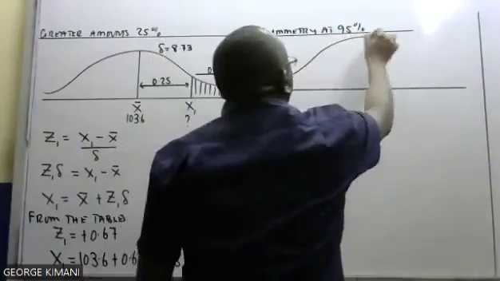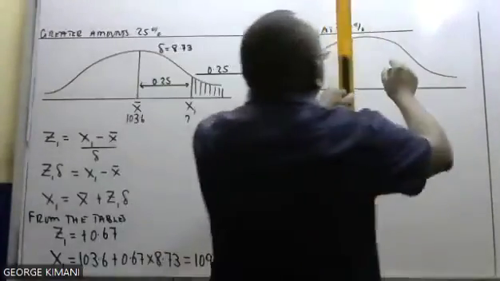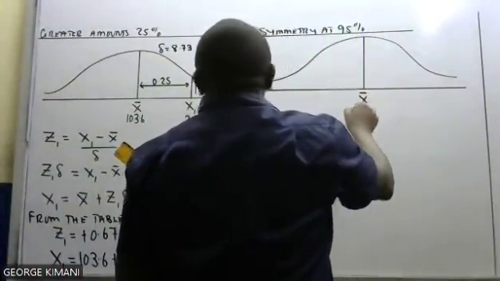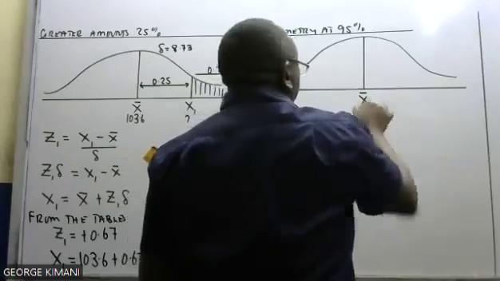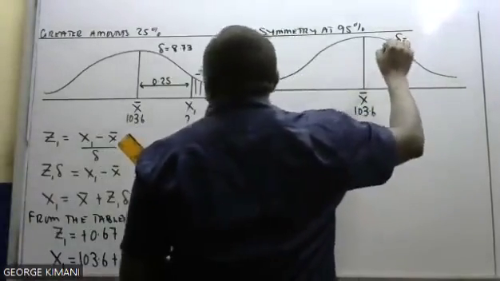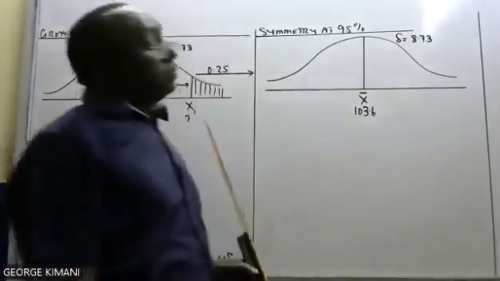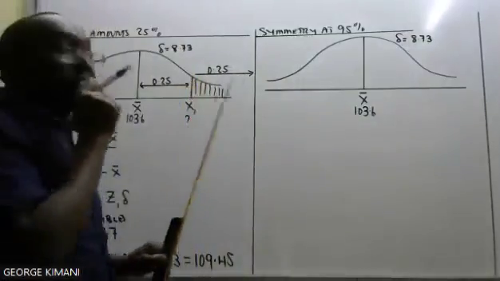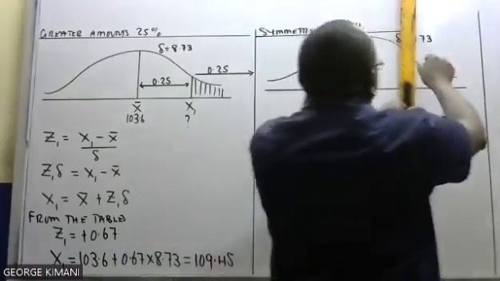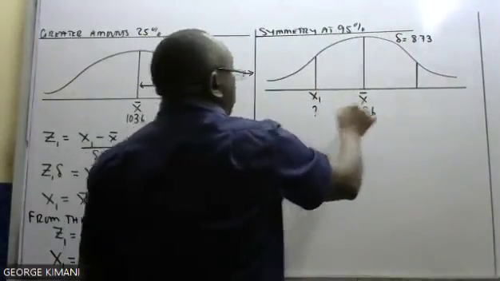Now something is called symmetrical if it can be divided into two equal parts. So I have X bar, which is 103.6, and the standard deviation here is 8.73. If we want 95%, then we are saying this is X1 here, which we do not know.